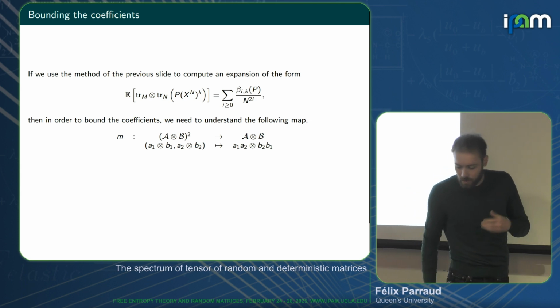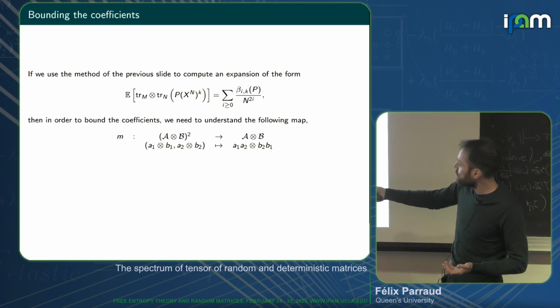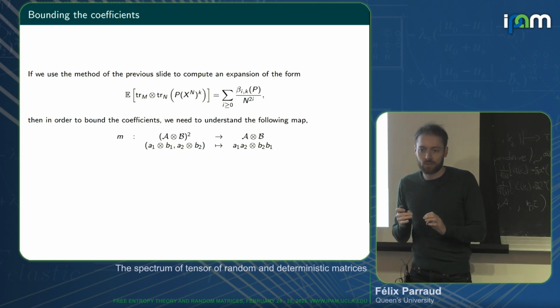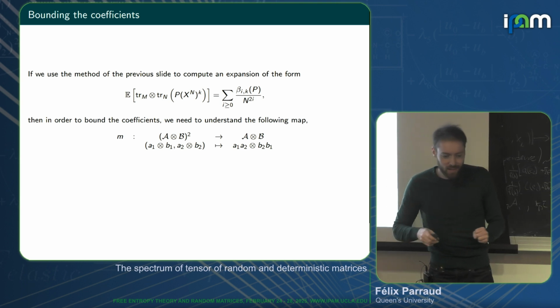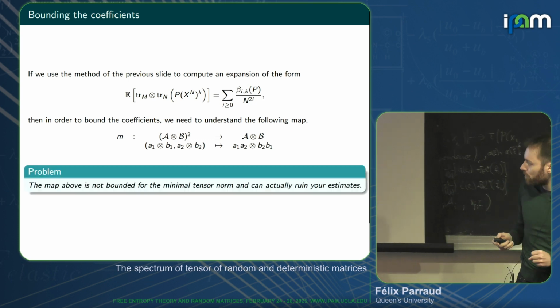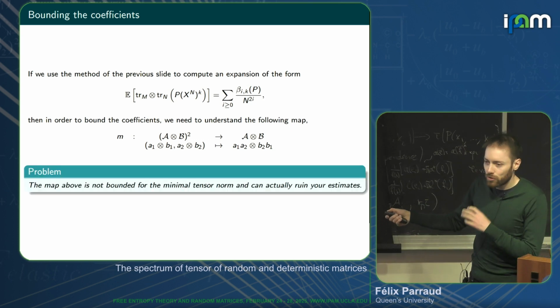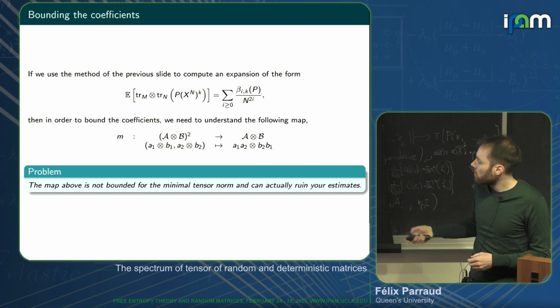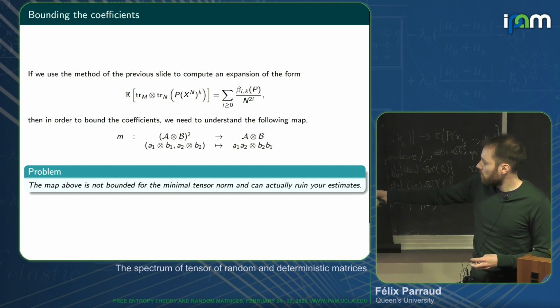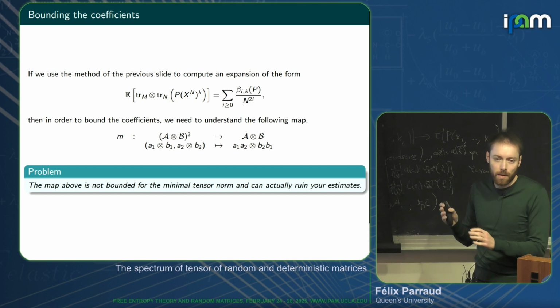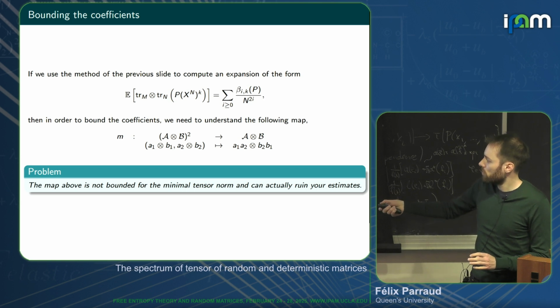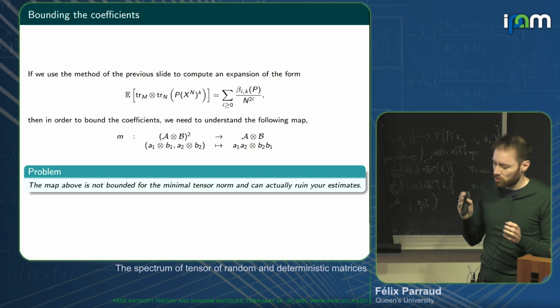For people doing operator algebra, this is the multiplication in A tensor B up. And that is tricky. This can actually completely ruin your estimate for a pretty simple reason. This map here is not a bounded map for the minimal tensor norm, if you take this thing to be the minimal tensor norm.